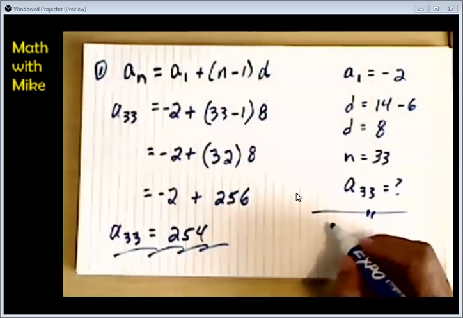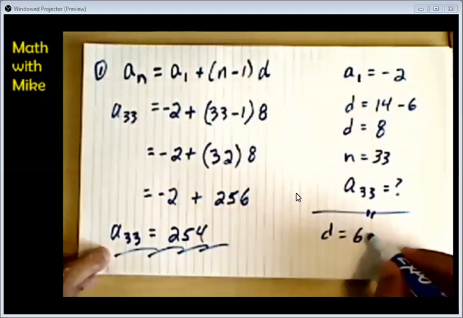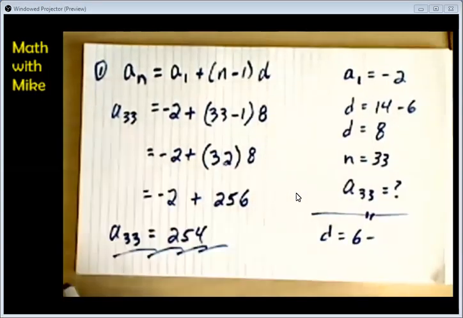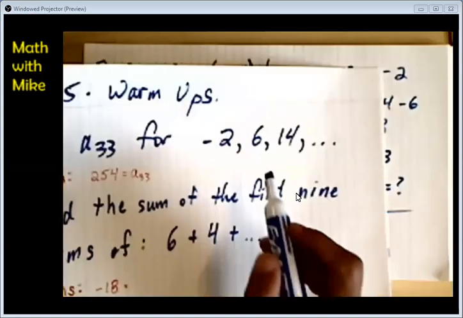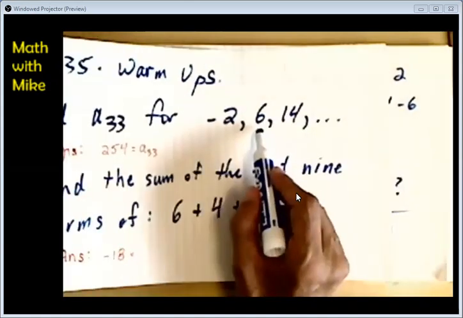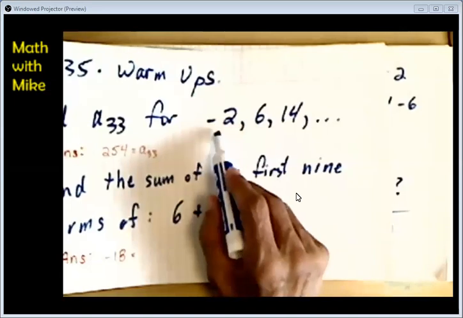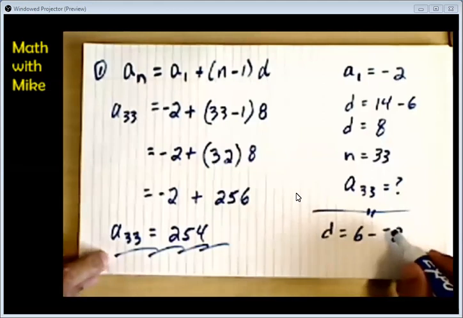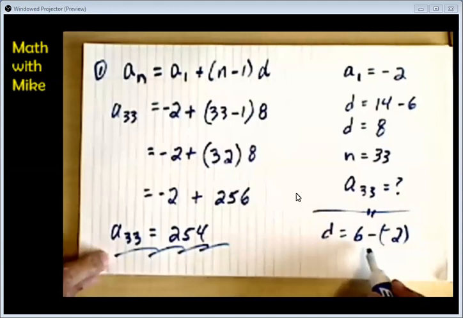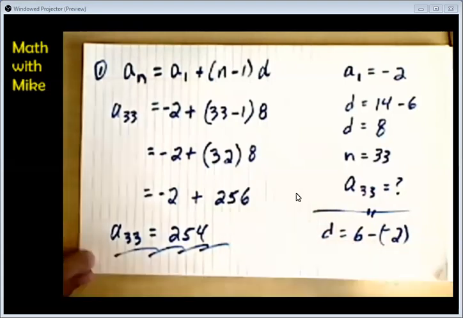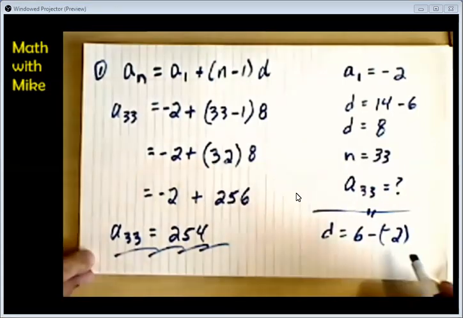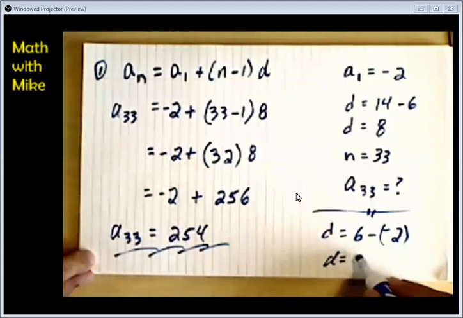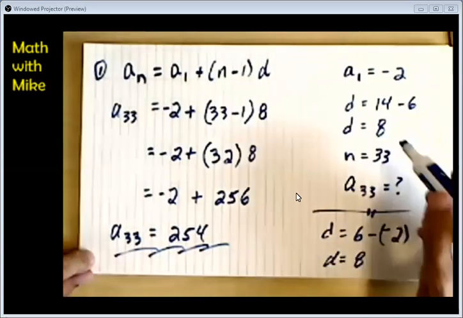D is going to be 6 minus what is just before it, right? The number before 6. What's the number before 6? -2. So we talked about this a little bit before class, but there it is, right? 6, subtract the number before it. 2 negatives. What happens? Positive. Result? 8.